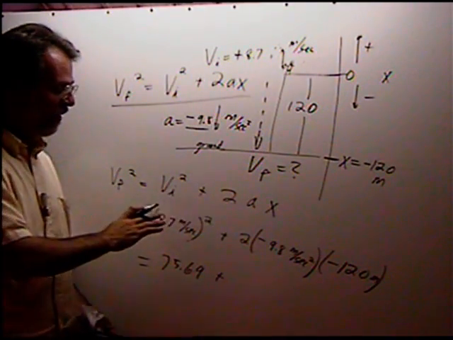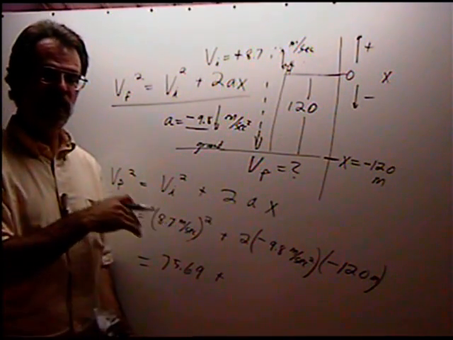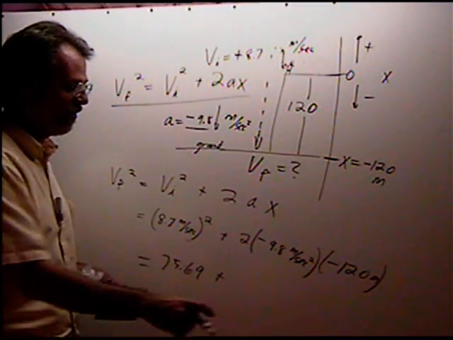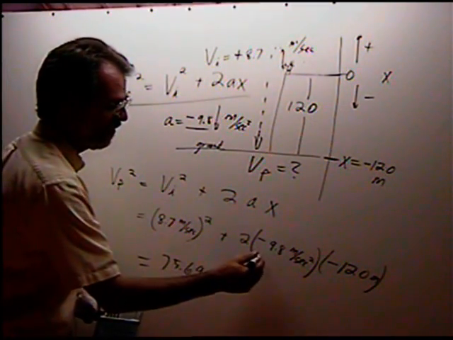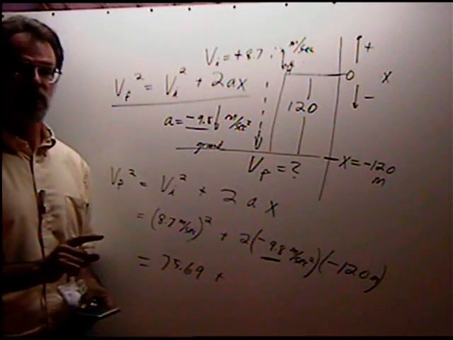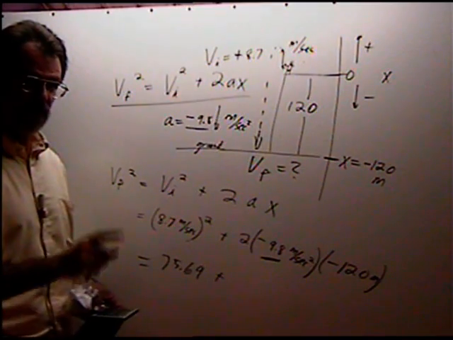In other words, what we'd have to round off is the final solution to how many significant figures we have in the entire problem, which is 2. Okay? Hope that makes sense.